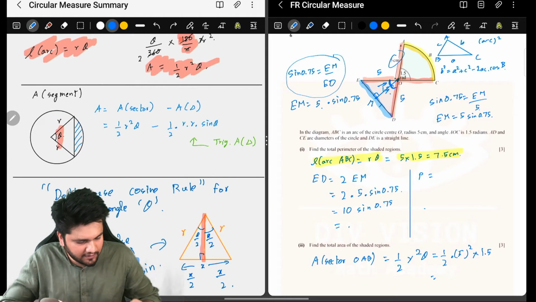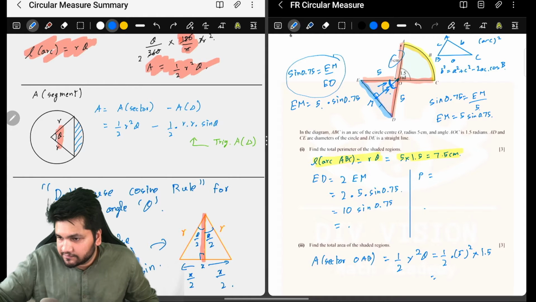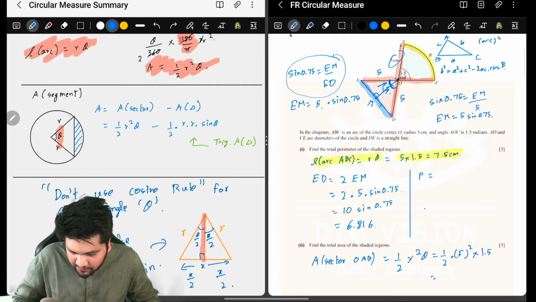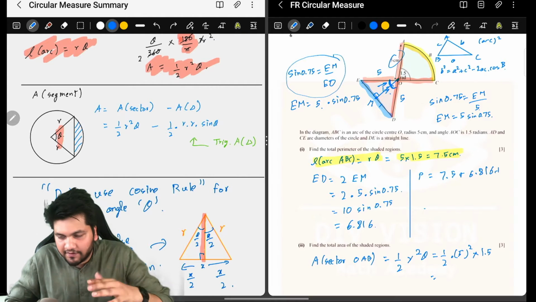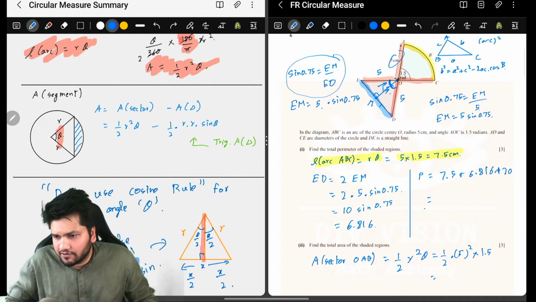Obviously you can use a calculator, and you will get 6.816. So the perimeter is going to be the length of arc 7.5 plus this 6.816, and finally we add 5 plus 5 plus 5 plus 5, which is 20. Whatever the value is, that's going to be the perimeter.